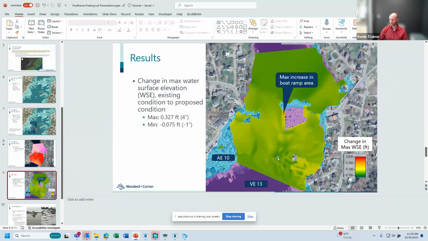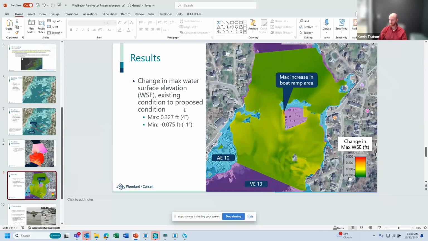And so what you see is that there is a pretty small change in that maximum water surface elevation. The greatest change is about 4 inches, and in some cases it's actually a little bit less, but I would caution against using these numbers exactly.